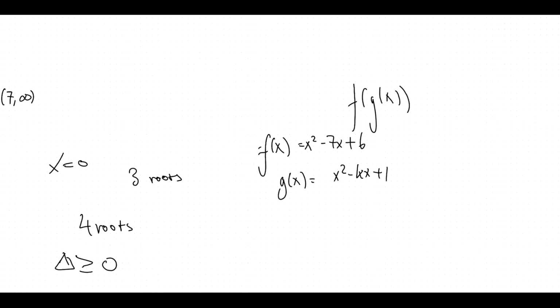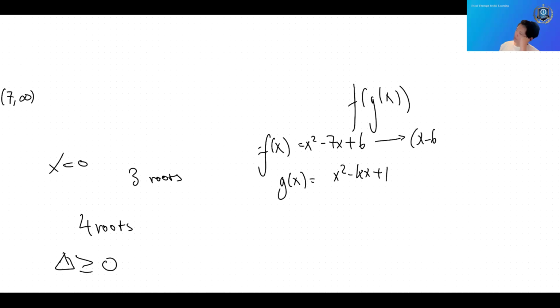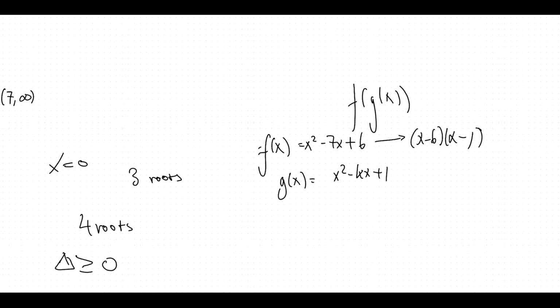Factorize it, because you're trying to make that equal to 0. Factorize which one, top or bottom? f of x. Good. And you're left with x minus 6, x minus 1. Then plug in g of x for the x value in f of x. Good.